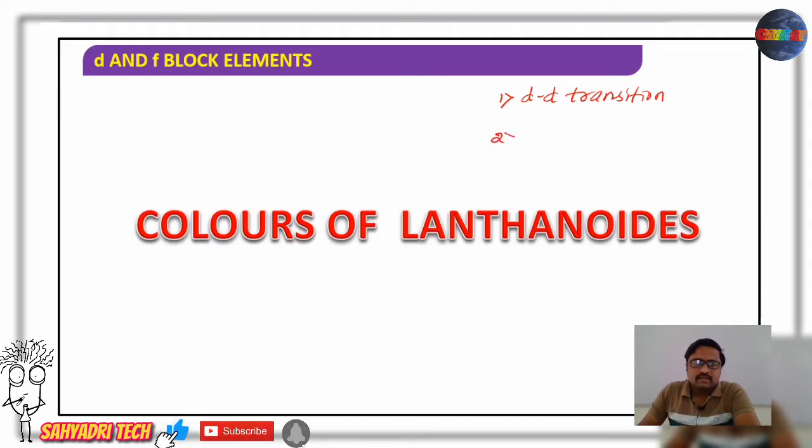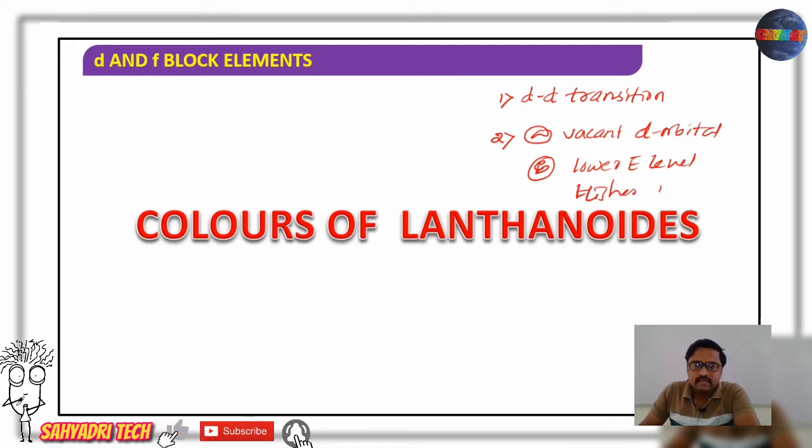So the necessary criteria: there must be one or more vacant, empty d orbitals, so that an electron from a lower energy level goes to a higher energy level.